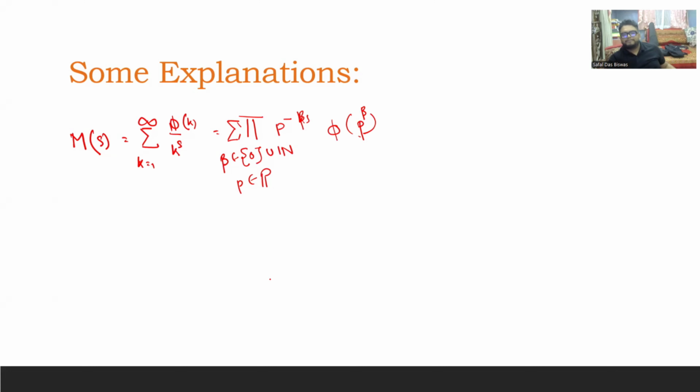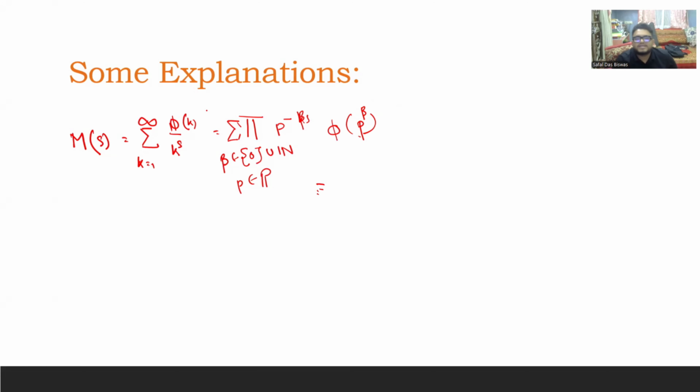This is simple, right? This is actually happening. And this is actually equal to phi of p to the power beta, where beta is splitting.